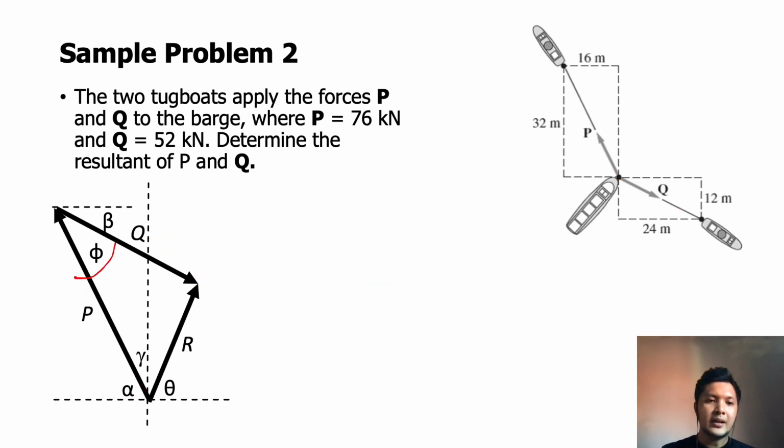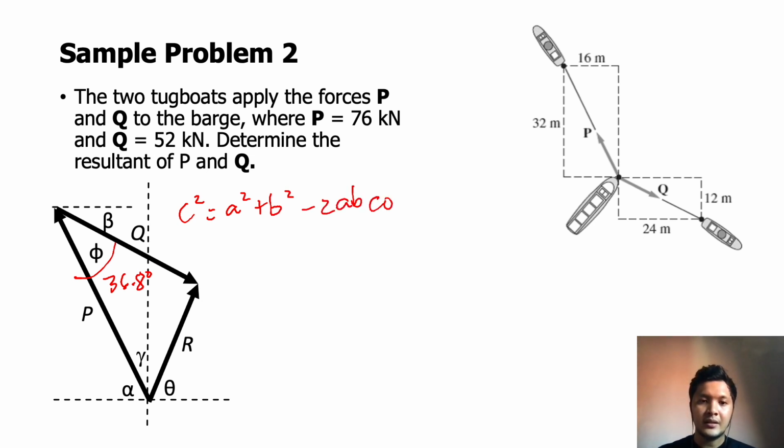We tried to find the value of this angle since it's the angle opposite the resultant vector r. Since we're trying to find this vector, we can now use the cosine law equation, which is c squared equals a squared plus b squared minus 2ab cosine theta.